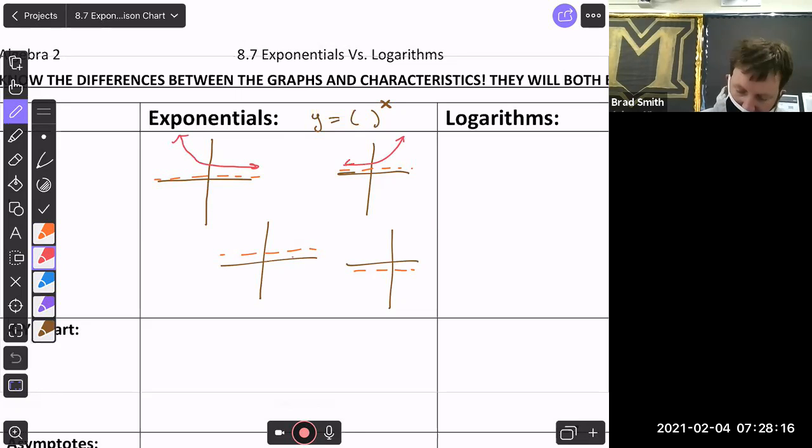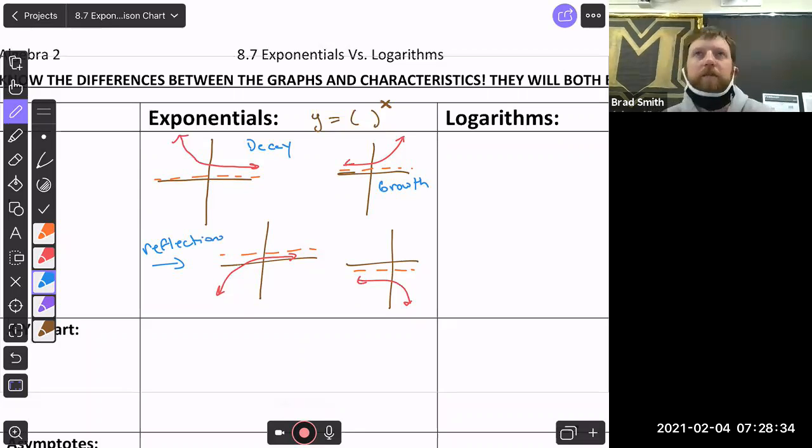And then you've got reflections. So this one can reflect down. This one can reflect down. So what we have here, this is your decay. This is your growth. And these both are reflections. Just kind of sketches. They don't apply great, but remember, decay is going down, growth is going up.